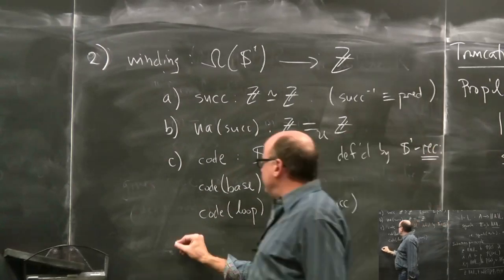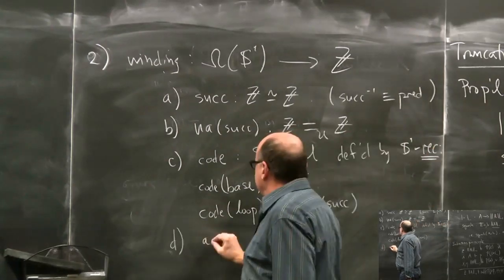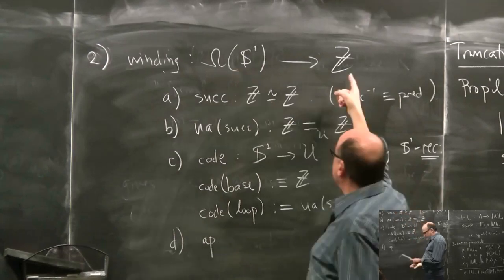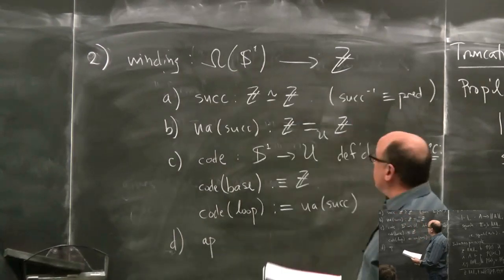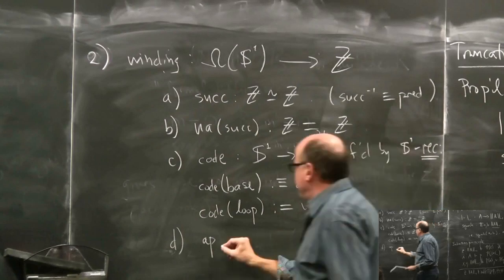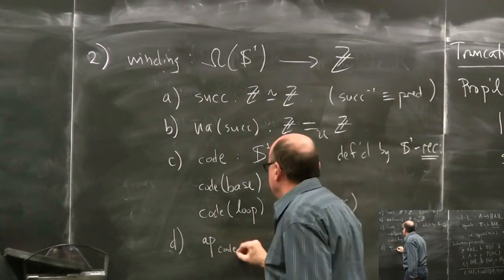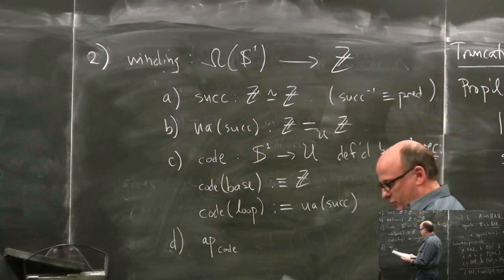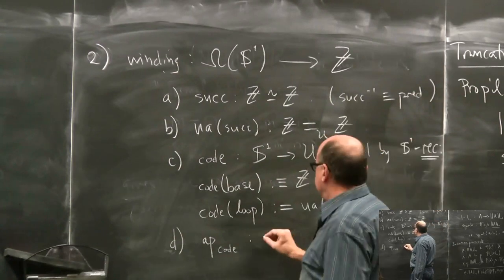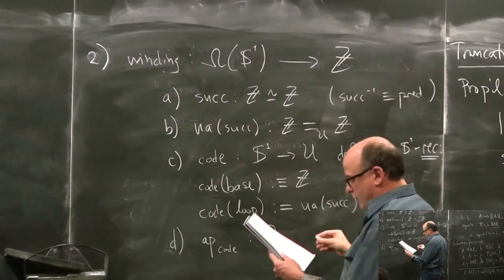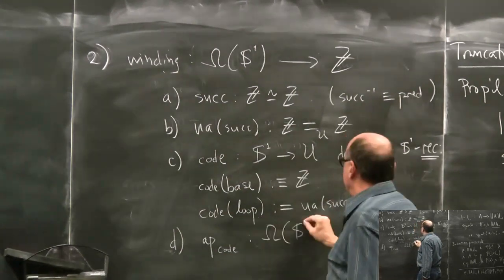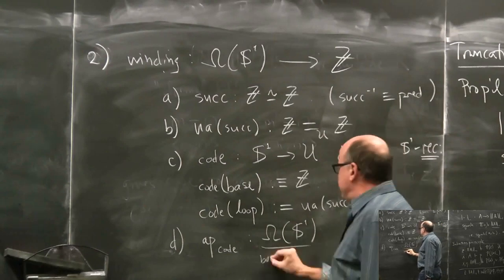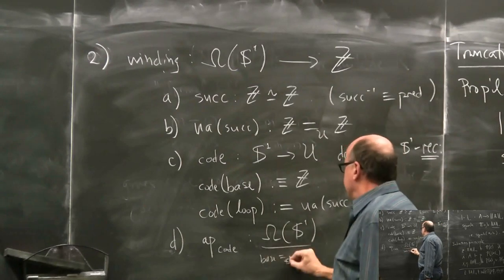We're going to use code in a minute. But the important thing is, remember, we're trying to get over to here. So what we're going to do here is we then take app of code. And what is app of code, the action on paths of code? Well, first of all, let's write down its type. It's going to go from the loop space of S1. Why is it going from the loop space of S1? Because by definition, this is base equals base in S1.